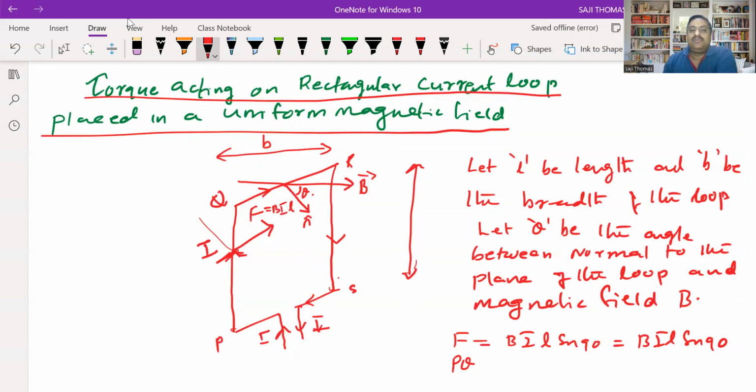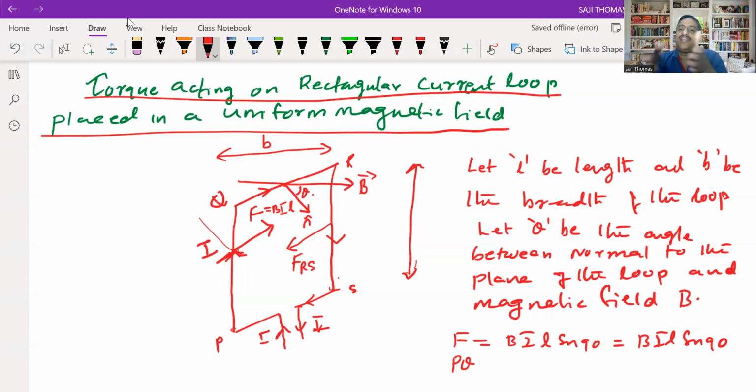Now consider the side RS. Current is downward. So the direction of force will be opposite. Force on RS will be opposite, and these two forces are equal and opposite. So they constitute a torque.